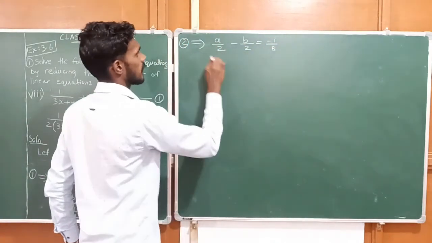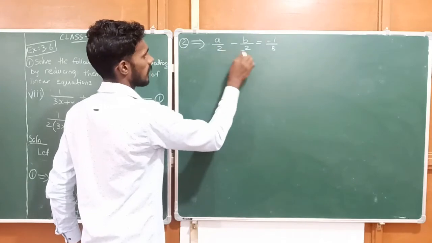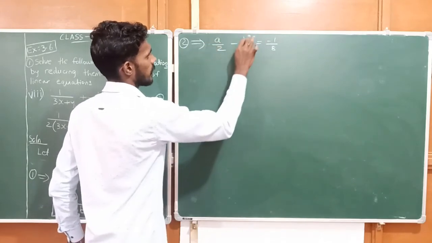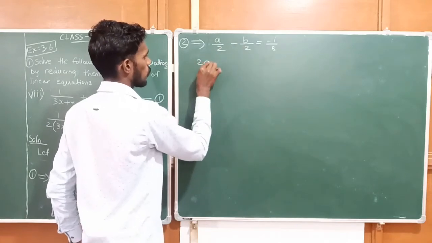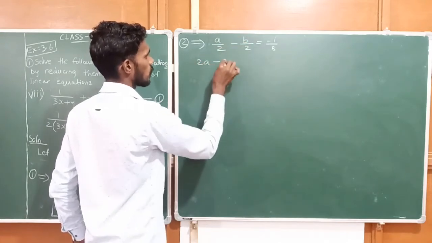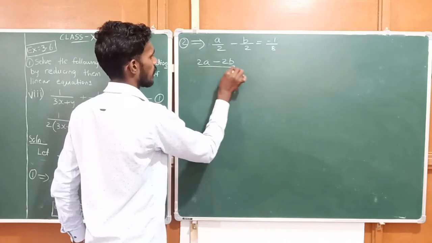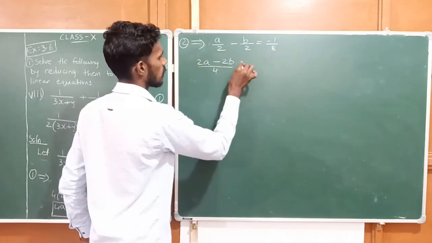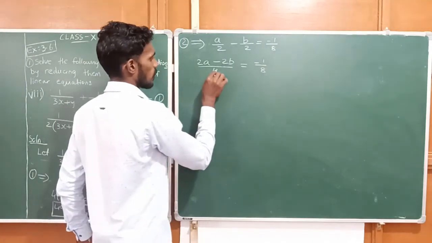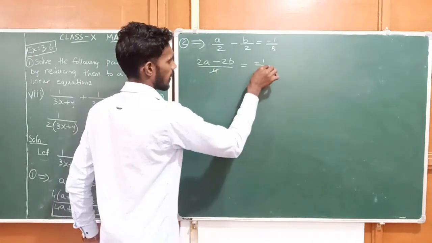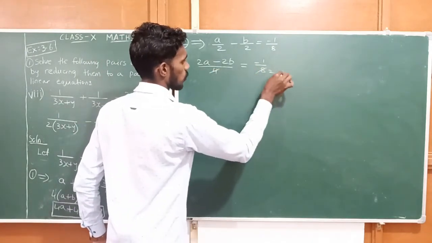Now the LCM of these two terms will be 4, or otherwise just cross multiply a into 2, that is 2a, then minus 2b divided by 4 is equal to minus 1 by 8. Now this can be cancelled, it is 1 time, it is 2 times.